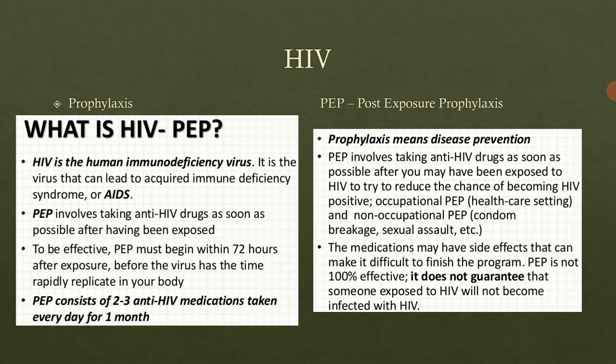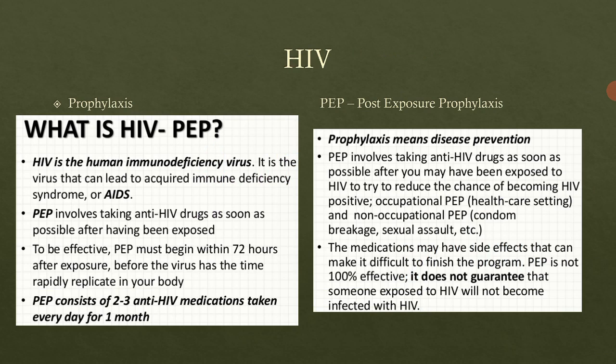What measures we can take to prevent a particular disease or infection comes under the prophylaxis. And PEP, the post-exposure prophylaxis, means after exposure to the virus in the person's body, what prevention, what measures we take, that comes under the PEP, the post-exposure prophylaxis.